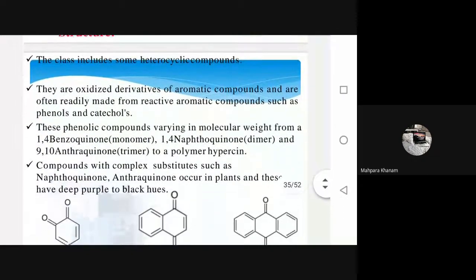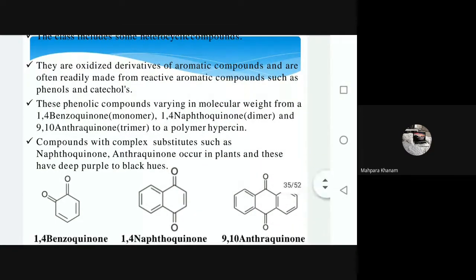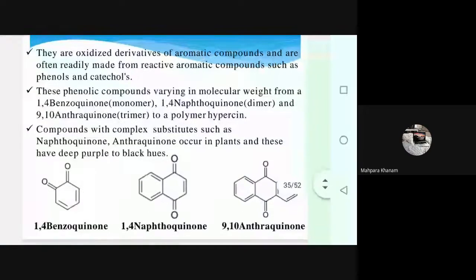Coming to the structure of the quinone class, they include heterocyclic compounds and oxidized derivatives of aromatic compounds. They are often made from reactive aromatic compounds such as phenols and catechols. These phenolic compounds vary in their molecular weight.